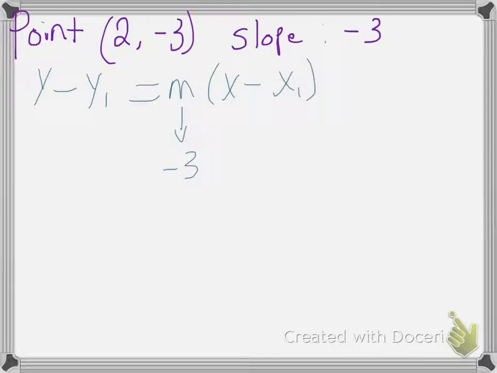Now we need to plug in numbers here for the y and the x. Now where do we get them from? We get them from the point. This is x and this is y. X, y. So we'll call this x1, we'll call this y1. Because they're points.